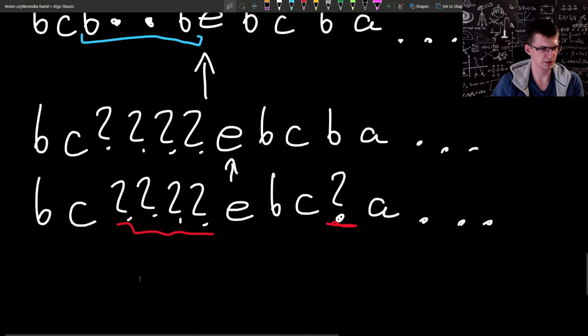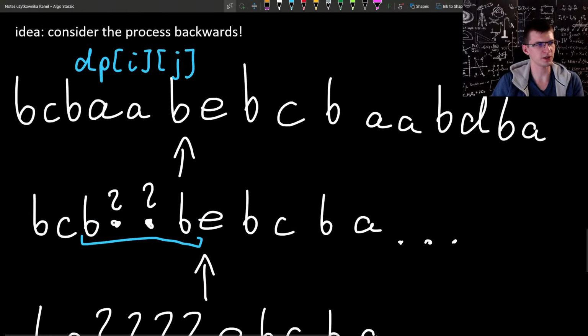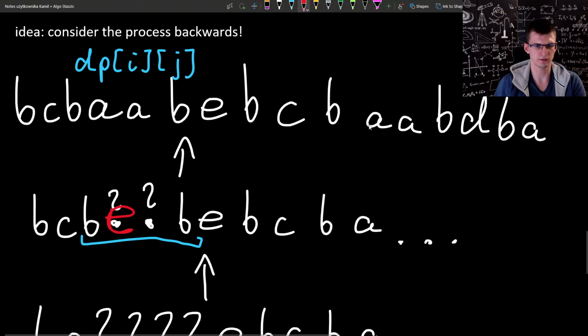Why doesn't the question mark matter? I don't know what you mean. It matters. It represents the fact that it can be anything. Remember that we move from the end. I know that if my last operation is to print AA here, it doesn't matter what this question mark was. If this question mark is character E, it's fine, I will overwrite it.